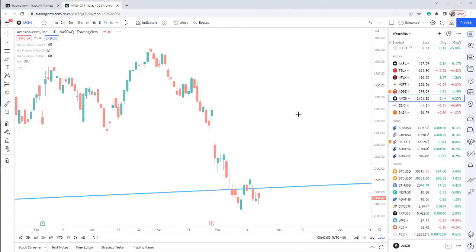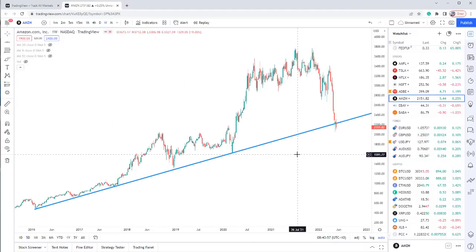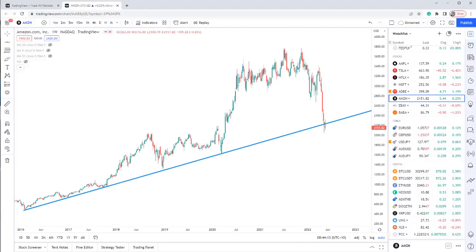And Amazon has been absolutely just decimated, but Amazon is right at a strong level of support. This is one stock I'm really excited about, because it's just had such an overextended move on the downside that we could be getting a very sharp, hard and fast snapback, at least on a trend analysis basis.